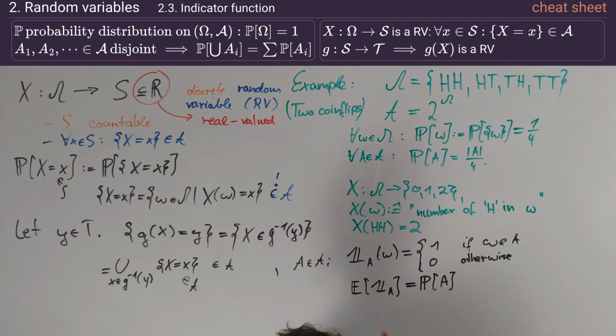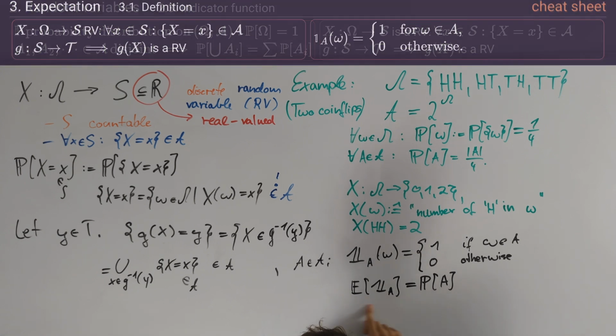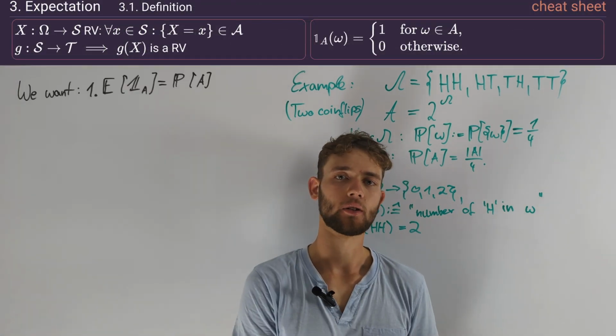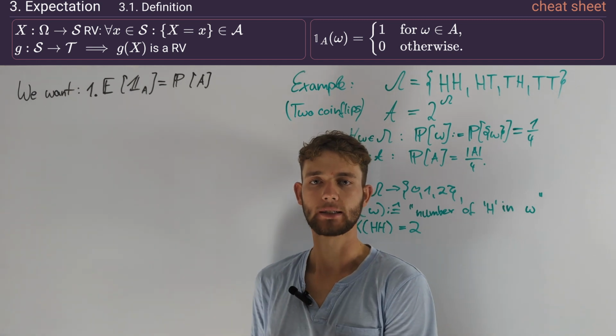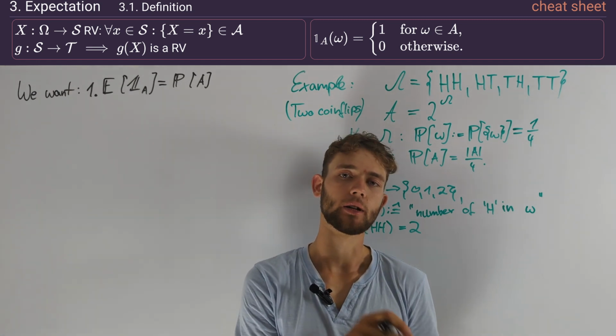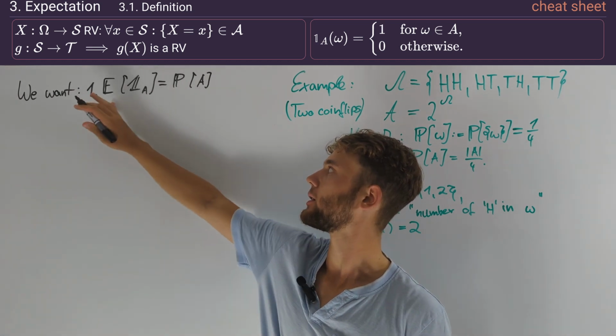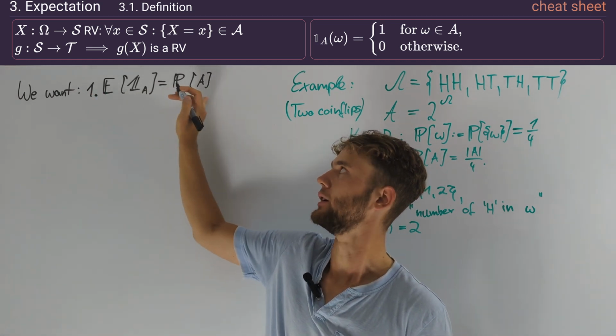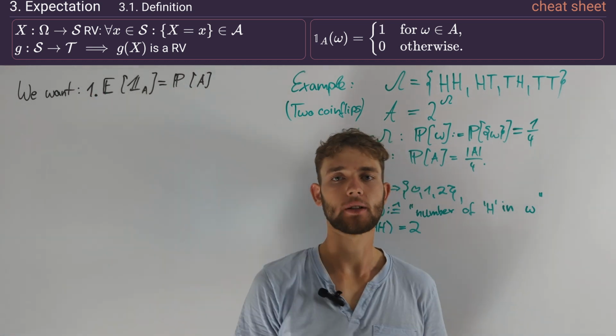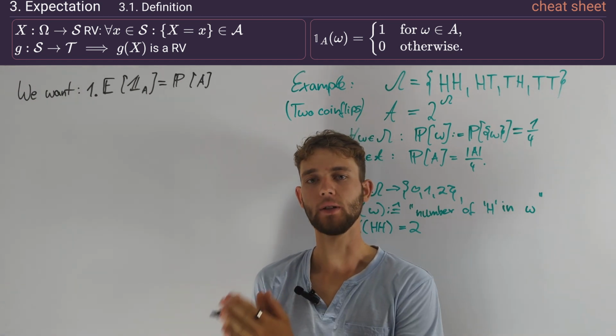Let's now build a reasonable definition of expectation that satisfies this property. The expectation of a real-valued random variable is again a real number that we interpret as its expected value. Therefore, we want E of 1_A equals P of A, but this is not enough to define the expectation uniquely.